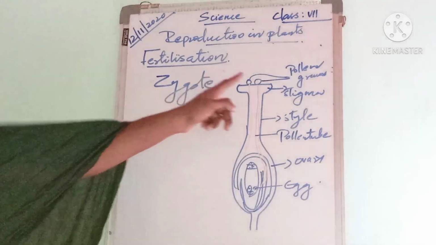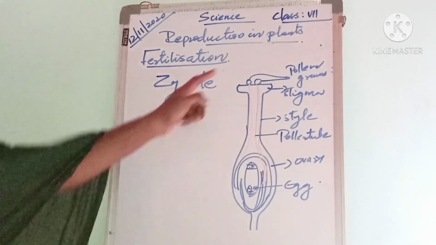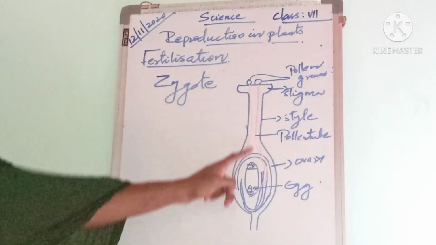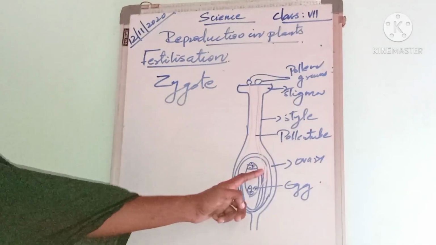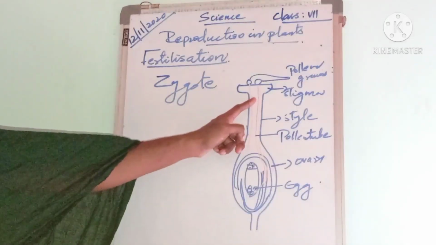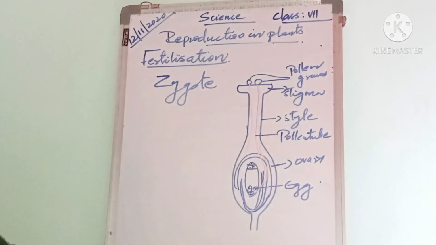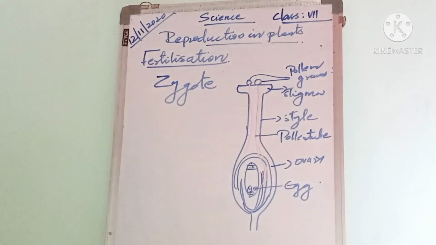When the pollen grain falls on the stigma of a flower of the same kind, it develops a long tube called the pollen tube, which grows downward through the style towards the ovary. The male gametes are inside the pollen tube.